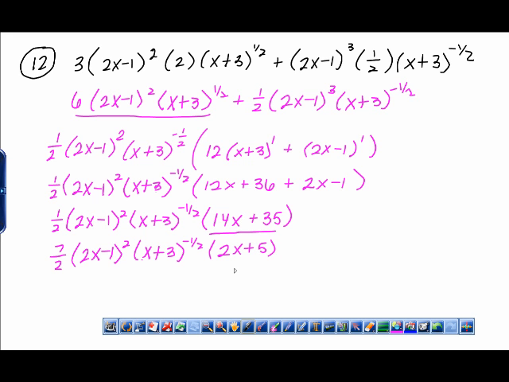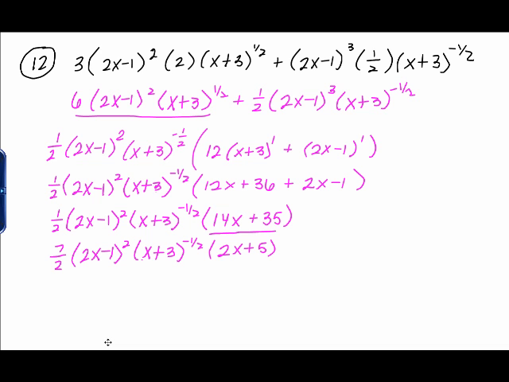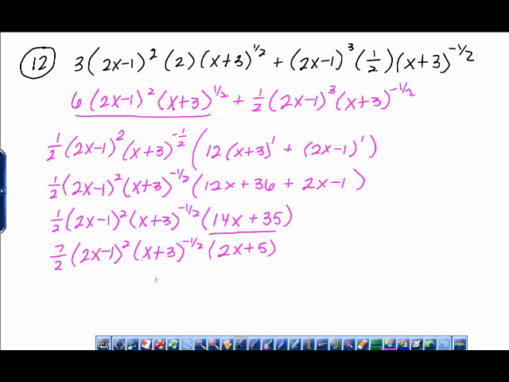Now this is not a bad answer. The only thing I'm going to do is kind of make it look nicer. And mainly, I'm going to move this x plus 3 to the denominator. And in doing so, in creating a fraction, I'm going to put the 7 as the numerator's leading coefficient and the 2 as the denominator's leading coefficient. This is going to make it look nicer.